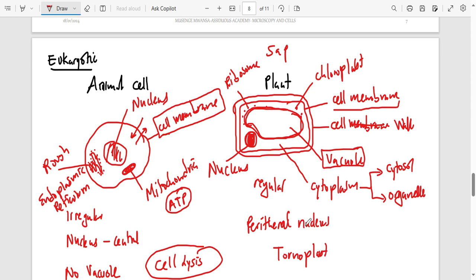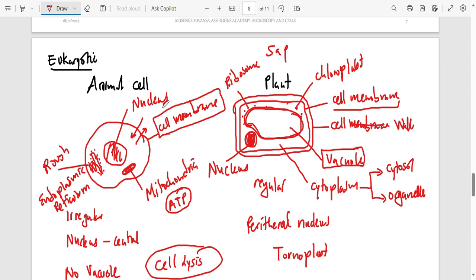And it is filled with different molecules which will contain enzymes and a lot of different things. The aim is that it will be able to maintain pH, remove harmful things from the cell, waste substances, and store proteins and such things. So that will be the function of the vacuole.